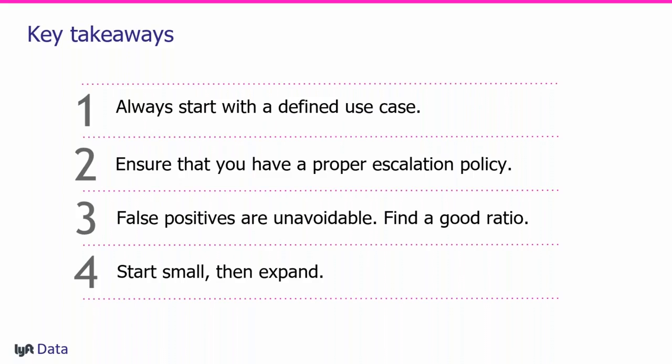Next, false positives are unavoidable. Anomaly detection is a hard problem, and you're always going to navigate this trade-off of being too sensitive and having too many alerts, or being overly conservative and missing something important. We found that it's impossible to only get alerts which actually represent bad things that happen with the business. The trick is to find the good ratio.